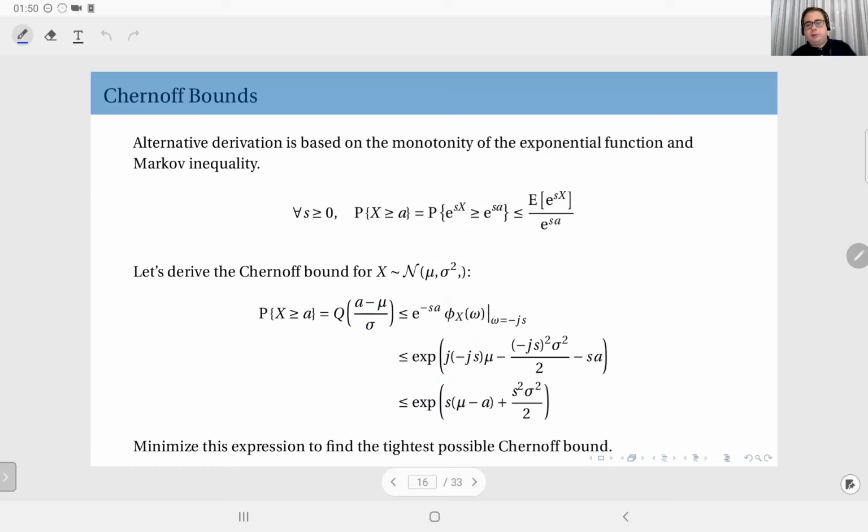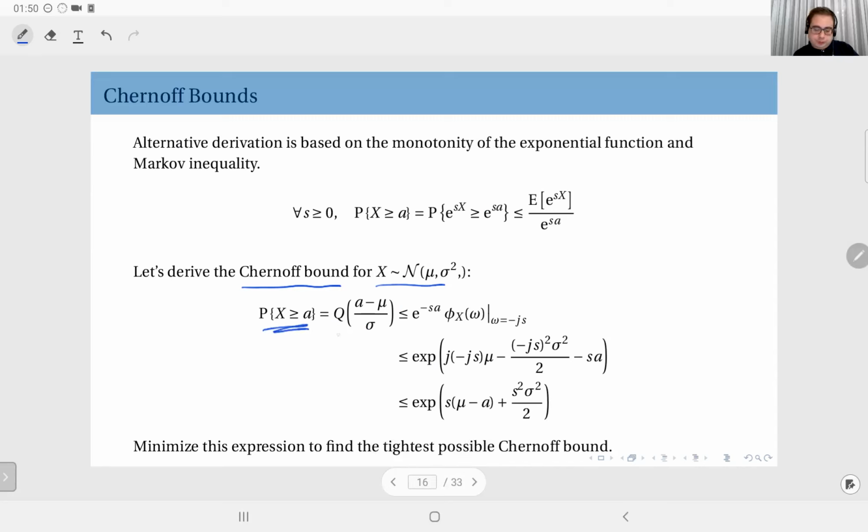Now let me show this on an example. In this example, first we will derive the Chernoff bound for a Gaussian random variable with a mean of mu and a variance of sigma squared. Here we will put a bound on this probability of x exceeding a.